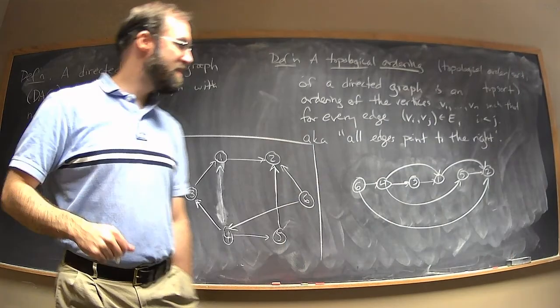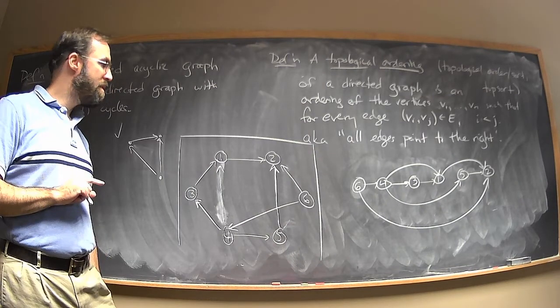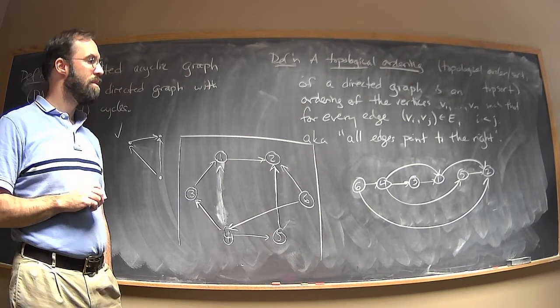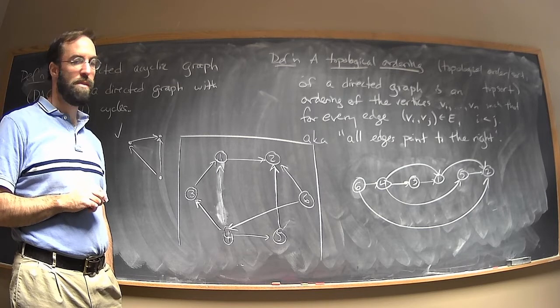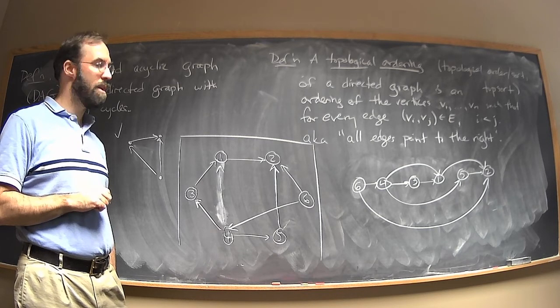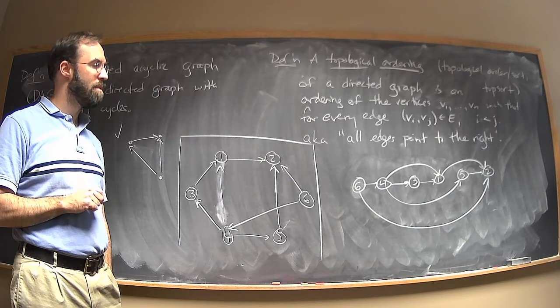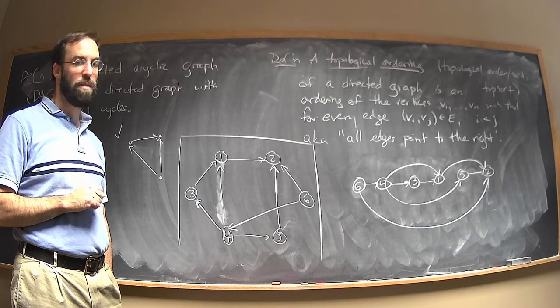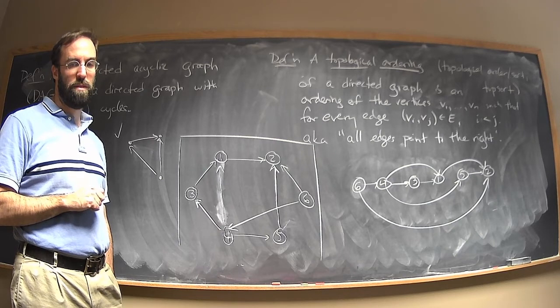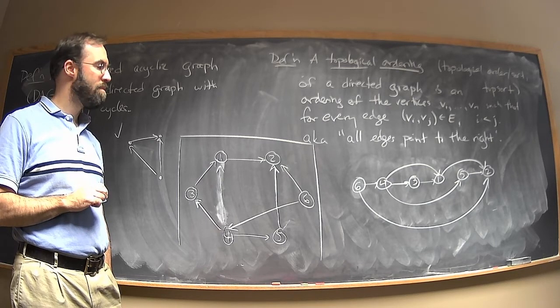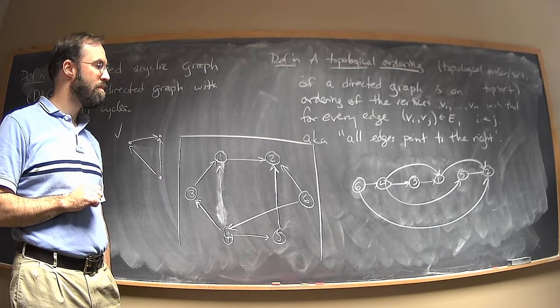Is this the only one, or are there others? Is there a different order I could put the vertices in that would still work? You do 6, 4, 5, and then 2, and then 3 and 1 will get mapped over like we're doing in the picture.